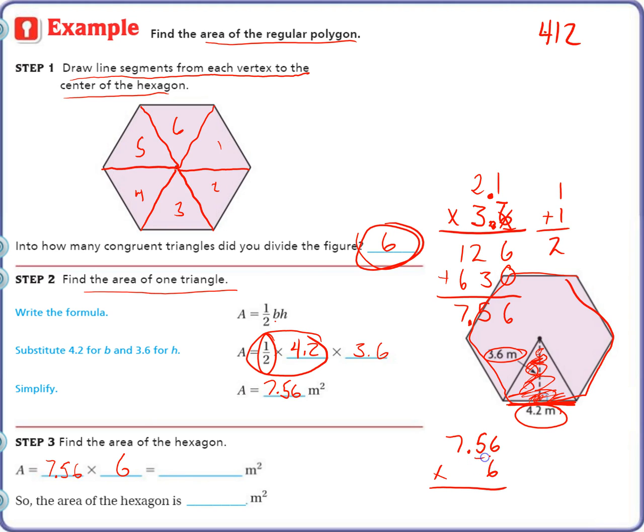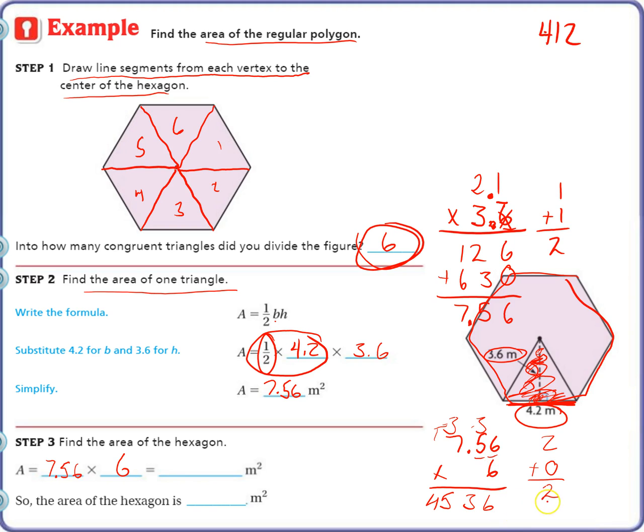Okay, I have 2 numbers behind the decimal here, no numbers behind the decimal here, so I'm going to move my decimal over twice when I get my final answer. 6 times 6 is 36. 6 times 5 is 30, plus the 3 is 33. 6 times 7 is 42, plus the 3 is 45.